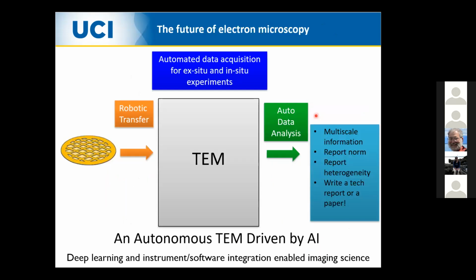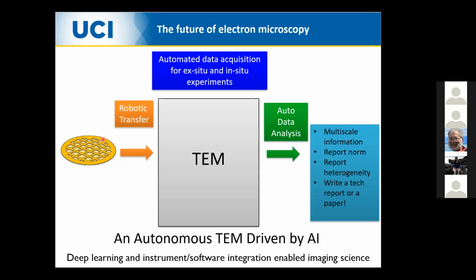So what the future of this field is going to be, in my shallow opinion, is that we're going to have autonomous TEM. Hopefully in the future, all our chemists and materials friends don't have to ask their students to go into the lab to make material. They have robots to do this.